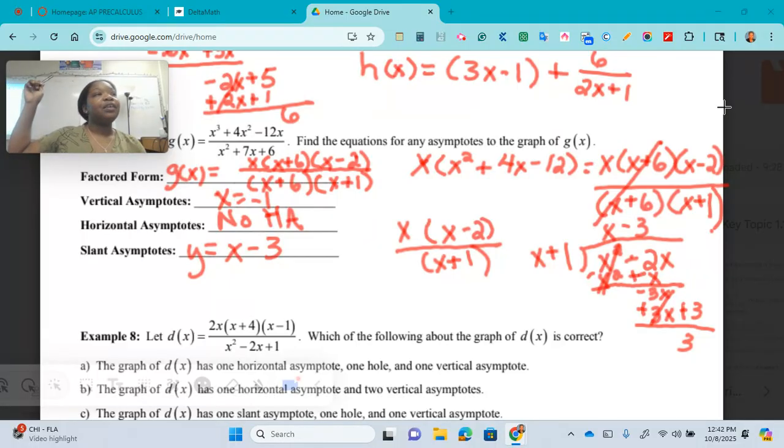Why is it not a horizontal asymptote? The question was, why in example 8 are we not dealing with a horizontal asymptote?